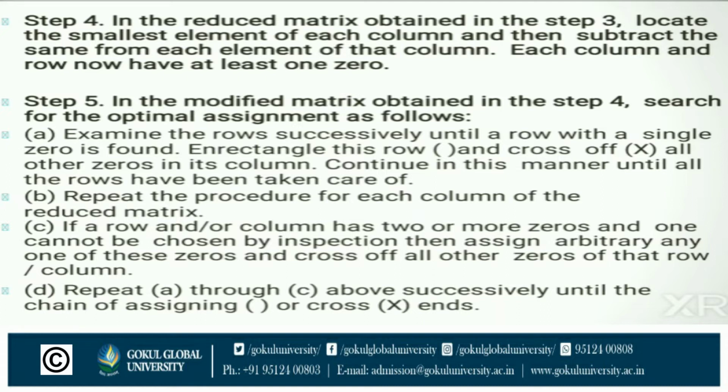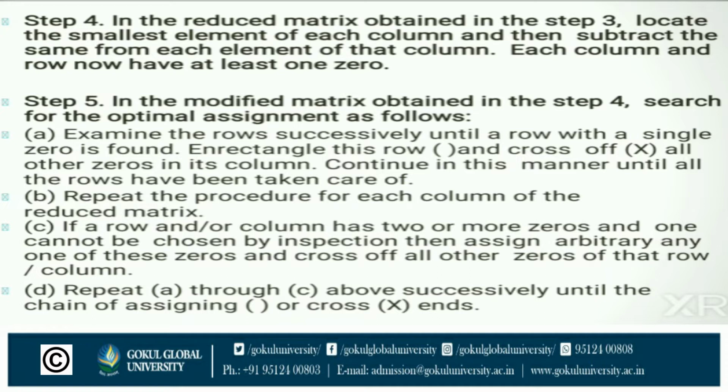Next, in the modified matrix obtained in step 4, search for the optimal assignment as follows. First, examine the rows successively. Second, do the same procedure for each column of the reduced matrix.